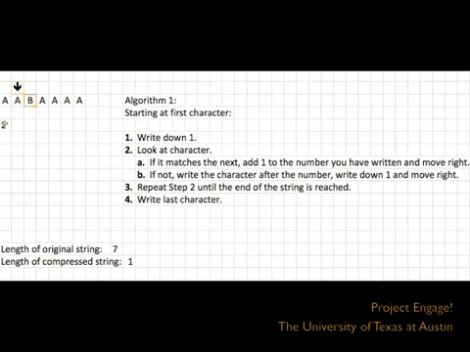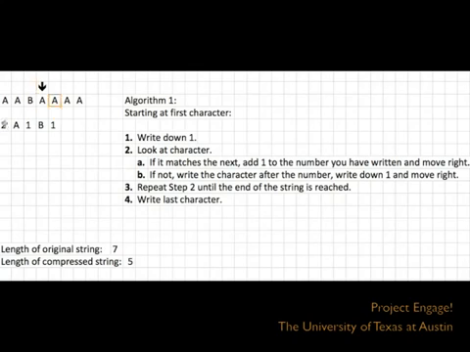If it matches the next, which it does not, we're going to write the character, and then we're going to write down a 1 and move right. Look at the character. If it matches the next, which it does not, we're going to write down the character, write a 1, and move right.